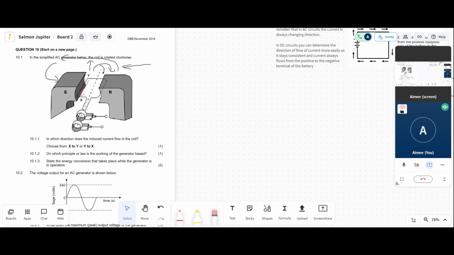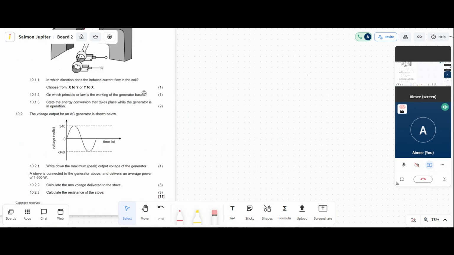The answer is that movement or kinetic or mechanical energy, because as this thing is rotating, it's creating an electrical current, a flow of electrical current. So what is the energy conversion taking place? Energy is being converted from mechanical or kinetic energy into electrical.